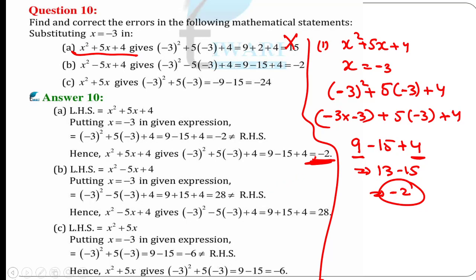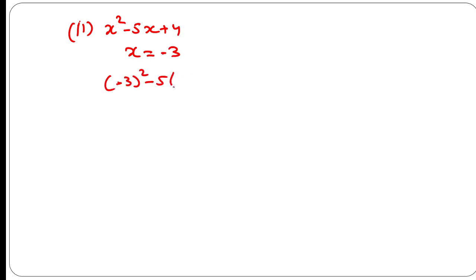Next we will try the second part, that is x² minus 5x plus 4. We have to put the value of x to be -3. So (-3) square minus 5 of -3 plus 4. On putting this, (-3) square is -3 multiplied 2 times, so 9. Minus of minus 5 into -3 is plus, so 5 into 3 is 15, plus 4.